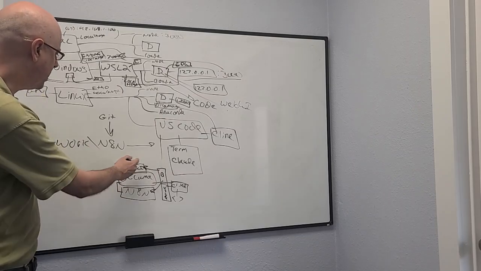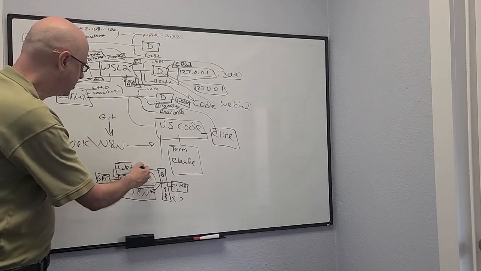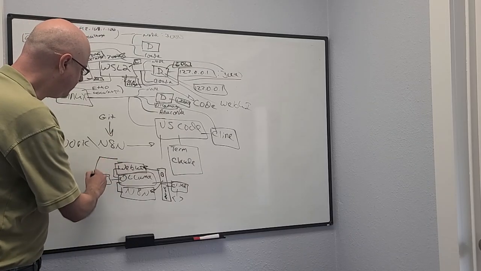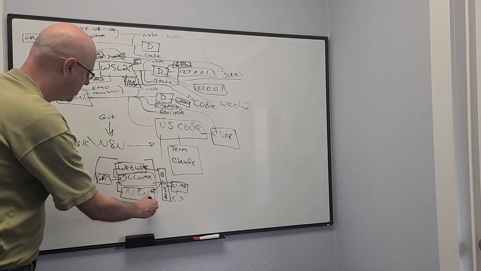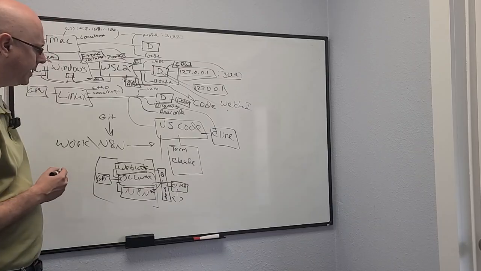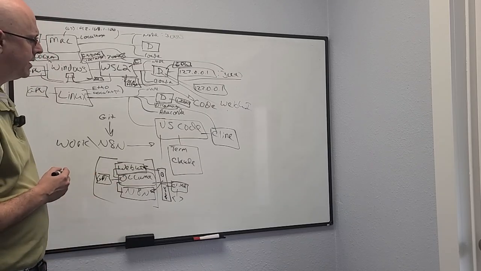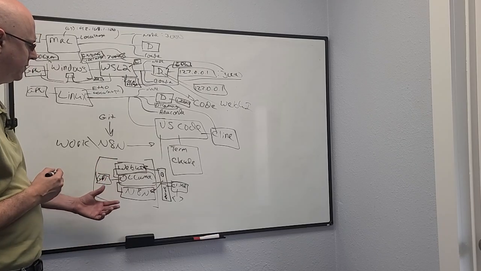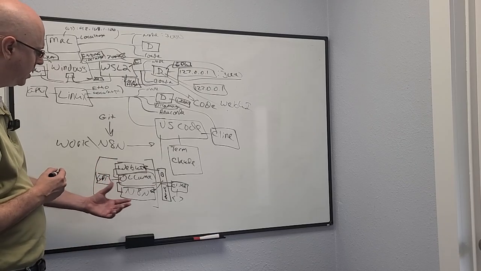In Web UI you could also install another container, and all of this is Dockerized, okay? It's all Dockerized, and there's a whole slew of different Docker containers that apply to this.